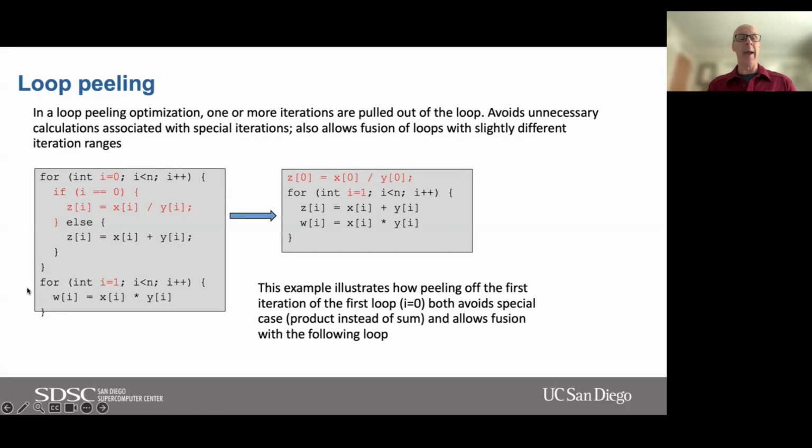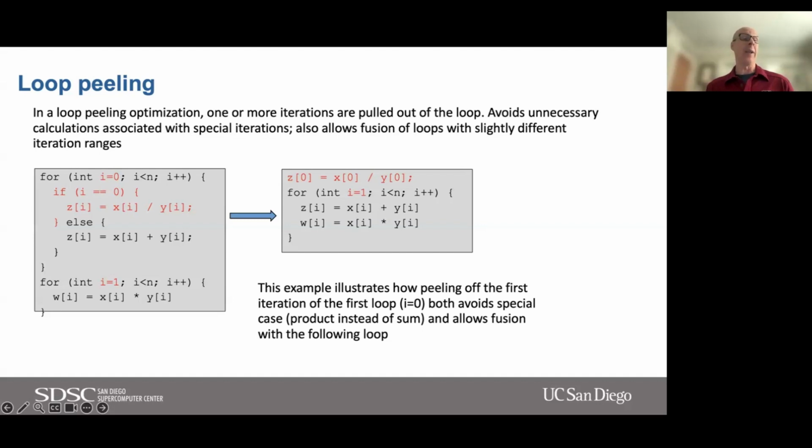And then let's say that we have another loop following that, where we're looking at i equals 1 to n, updating the array w. So here, by taking that special calculation and pulling it out, and also changing the range of iterations, I was able to do two things. I was able to peel off that special first iteration, and I was then able to fuse two loops that had the same range of indices.